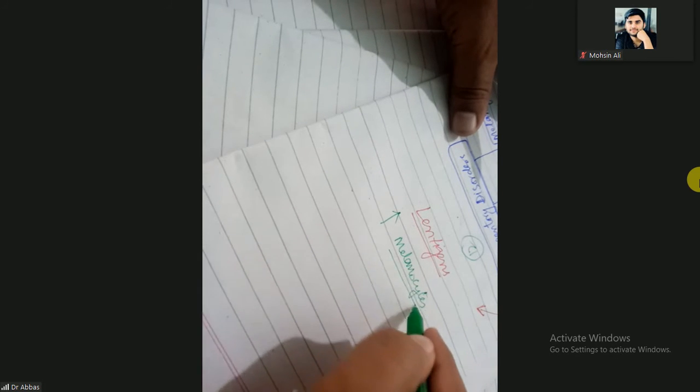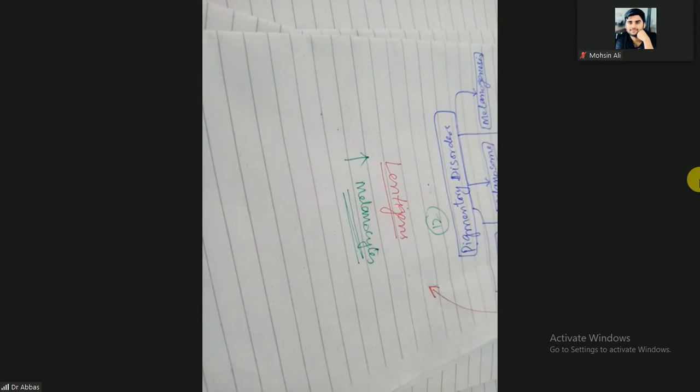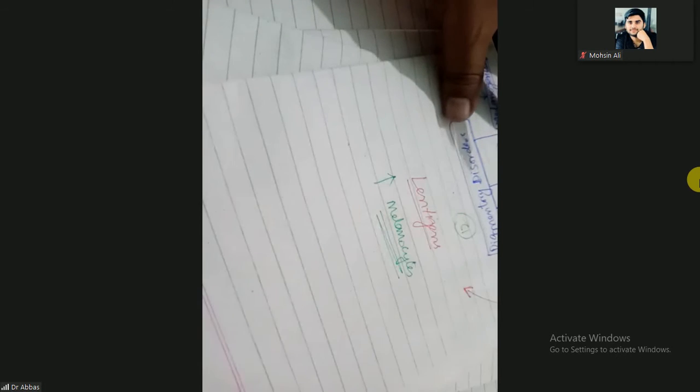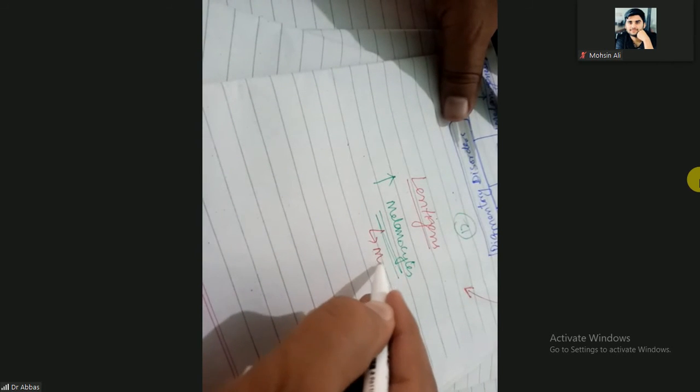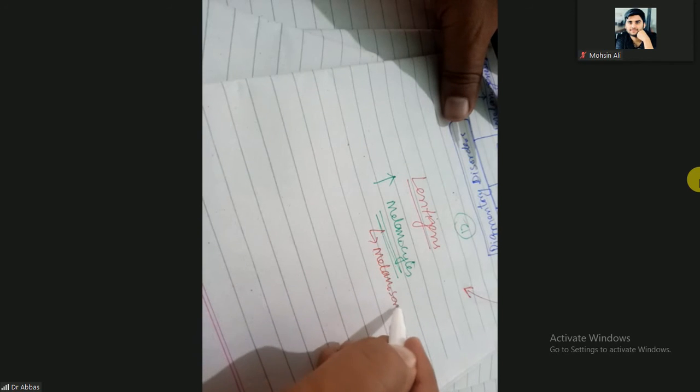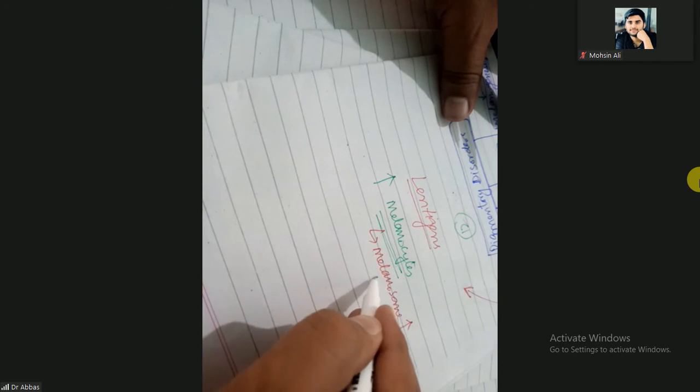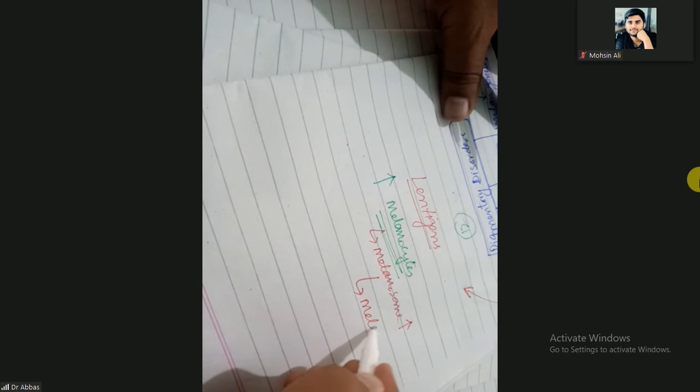We have discussed that melanocytes are constant. So how can the melanocytes increase? It is genetic, an increase in the number of melanocytes. When the melanocytes increase, definitely the melanosomes will increase, so melanin will increase.